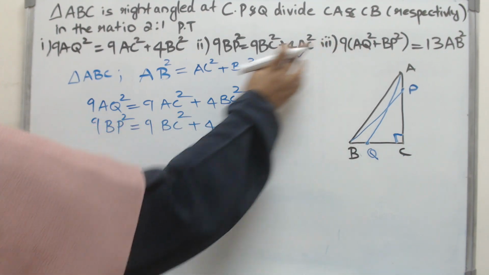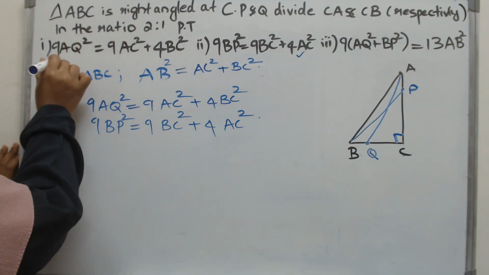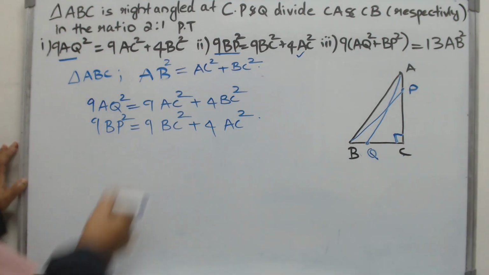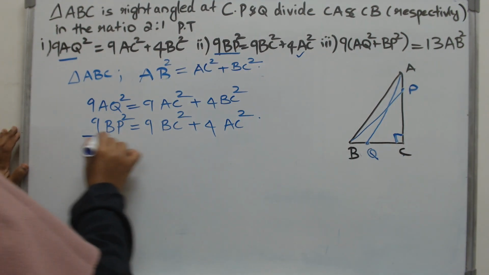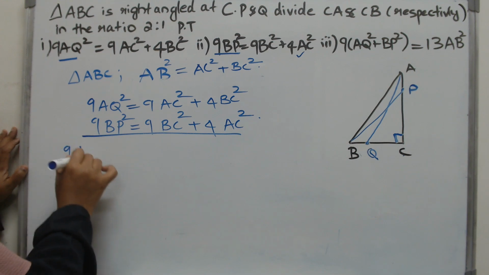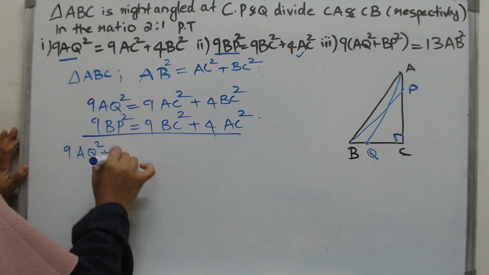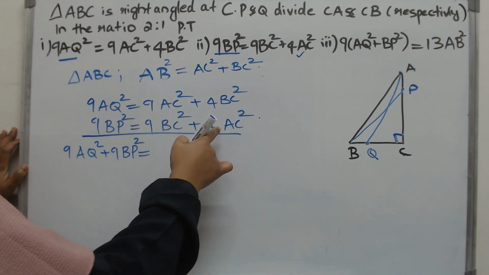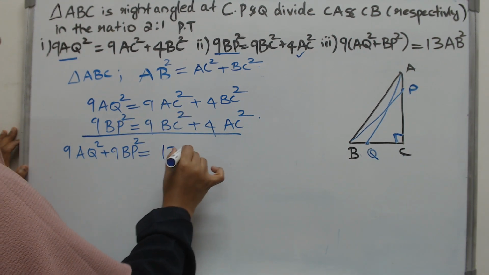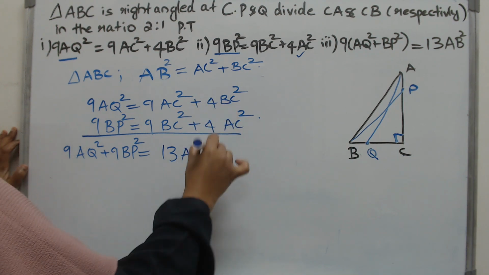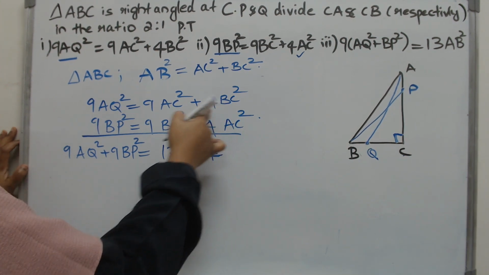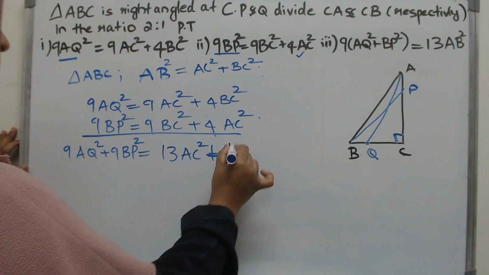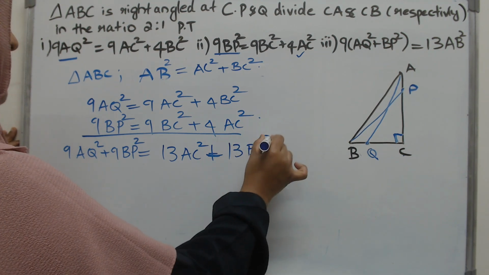You notice it is the sum of the LHS of the first two results that you have proved. Now all you have to do is add them. A 9AC square here, a 4AC square here, which means 13AC square, and here 4BC square and 9BC square, again 13BC square.